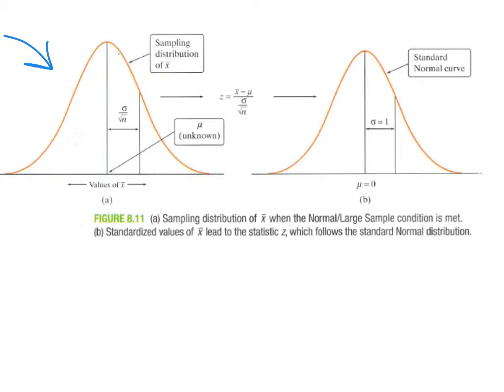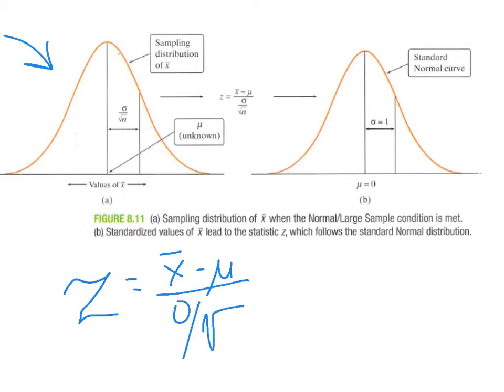So if my sampling distribution of x̄ is close to normal, then we can find probabilities involving the mean x̄ by standardizing. We can take z and standardize it. We subtract mu and divide by our standard deviation formula.